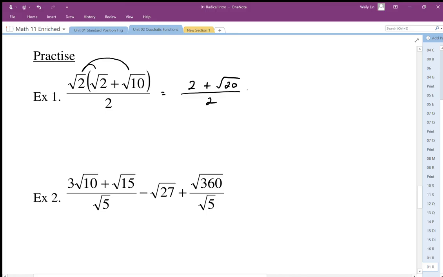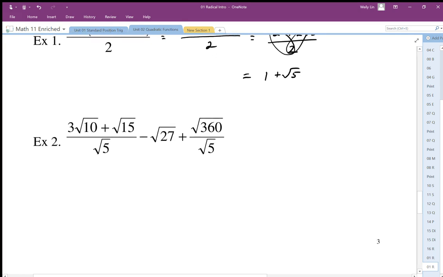Now before I divide, I'm actually going to factor out the perfect square here. So 20 becomes 4 times 5, so square root 4 becomes 2, and then root 5, divided by 2. Distribute the division. Okay, again, the numbers with numbers, radicals with radicals, so we just end up with 1 plus root 5.